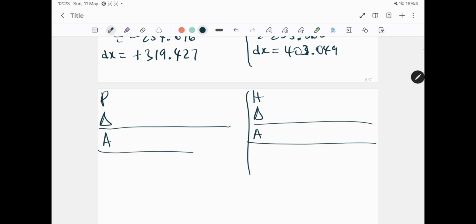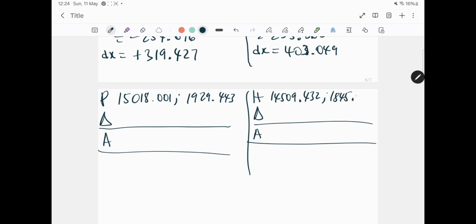Simple. So the coordinates of P were given as positive 15,018.001, 1929.443. H you are given as 14,509.432, 1845.849.